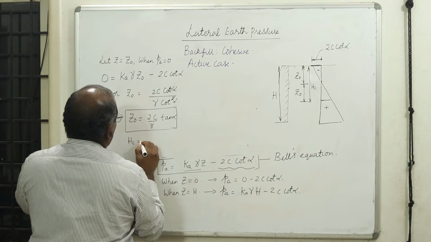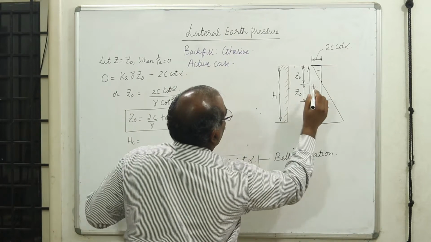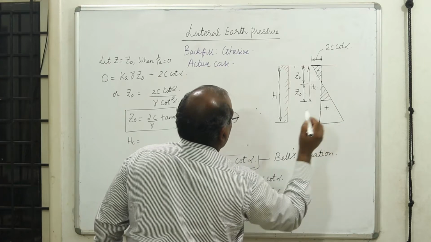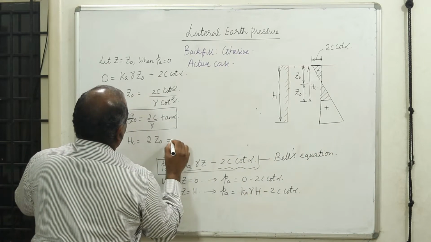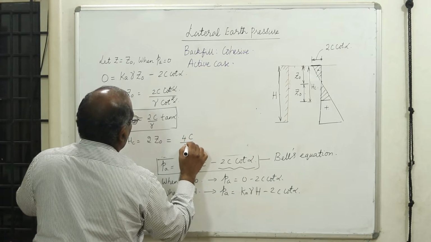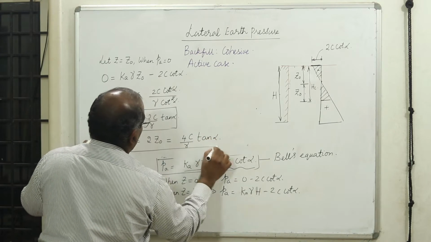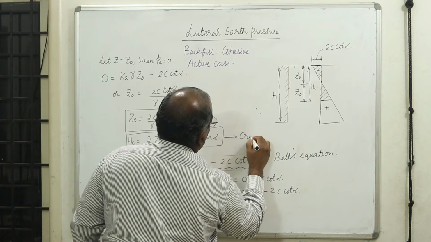HC is where this negative pressure and this positive pressure get nullified. This is the net pressure. HC is equal to 2 times Z0, equal to 2 into 2c by gamma into tan alpha, which is 4c by gamma into tan alpha. This depth HC is known as the critical depth.